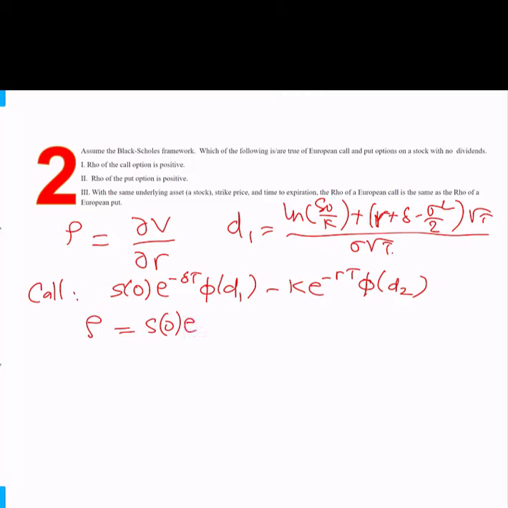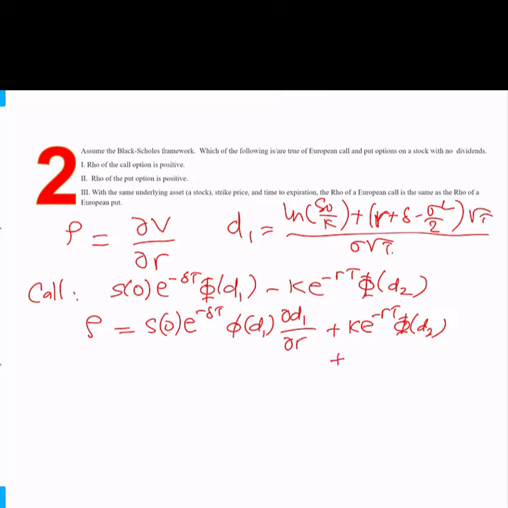You see it, we got r in that. So for this one, we got S0 e to the minus delta t, little phi of d1, times, this is capital phi and this is little phi. Okay, little phi is the PDF. And we got the partial derivative of d1 over partial derivative of r, plus K e to the minus rt phi d2, right?